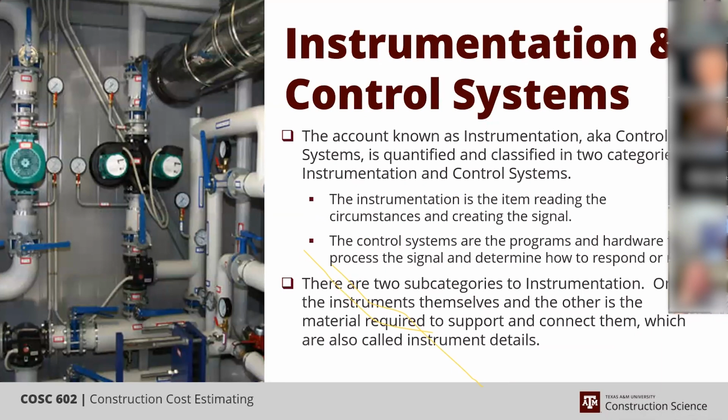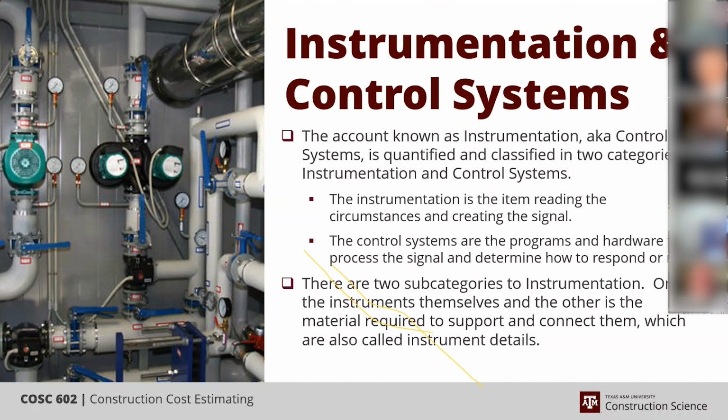All right, so instruments. The term instrumentation and control systems kind of flips back and forth within the construction industry. Some companies call it instrumentation, others like to call it control systems, but regardless of whatever they use, there's going to be three general components that are included in this discipline.